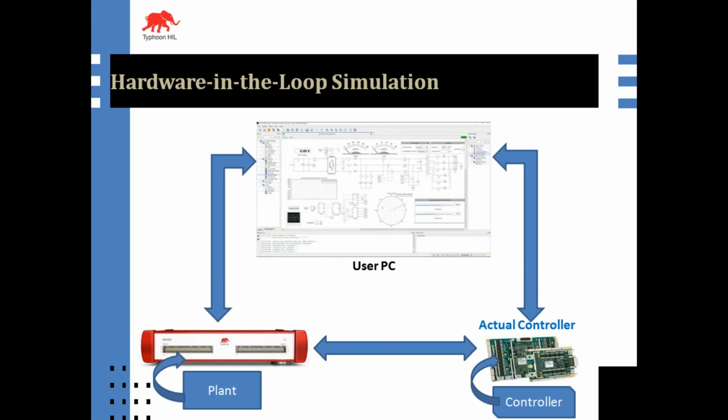This agile platform provides us with all the necessary features to get our work done, and there are several ways in which we can have our work done in a very proper manner. That is controller hardware in loop. You can see that here the plant is digital and we are using the actual controller part. So this is controller hardware in loop.